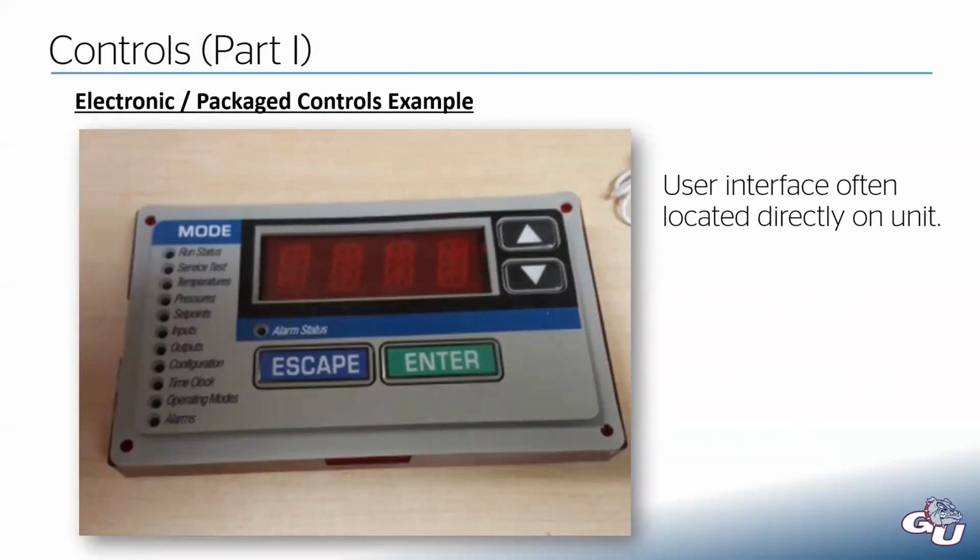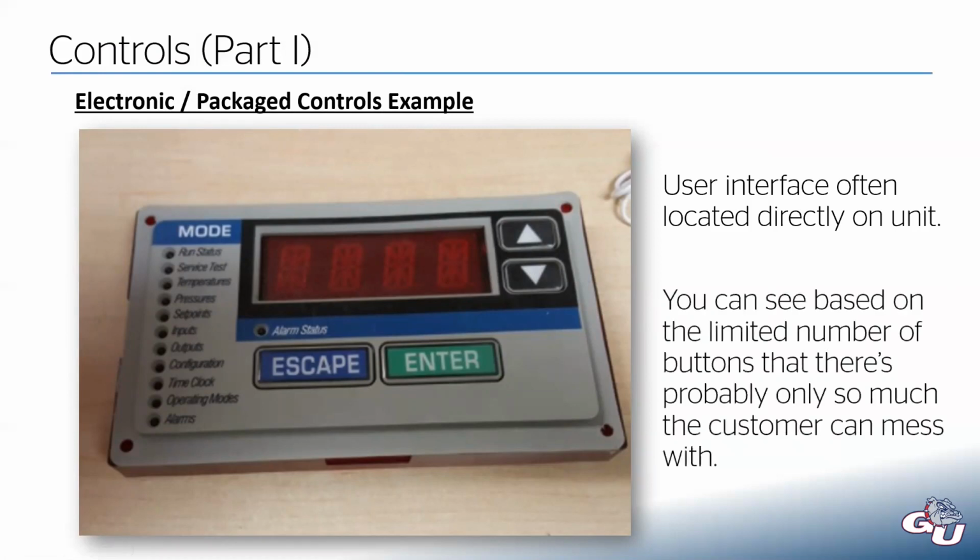So if this unit was up on your roof, you'd have to go up to the roof to find this. And you could see if there's an alarm LED right here. So if you have an issue with the unit, that LED would turn on. You'd push the buttons on here and it would probably spit out an error code. And then you'd have to look in the manual, see what that error code means.